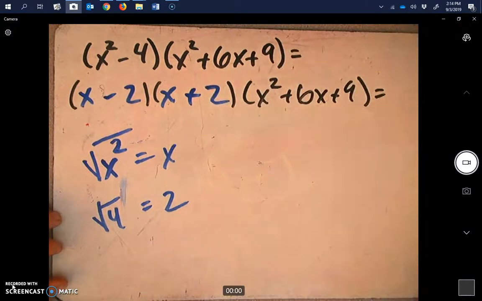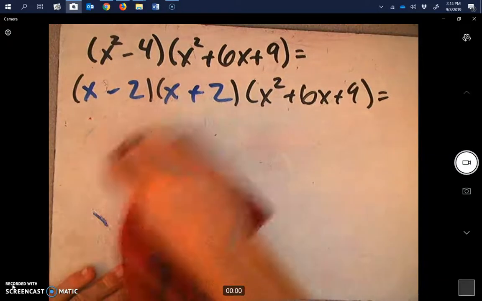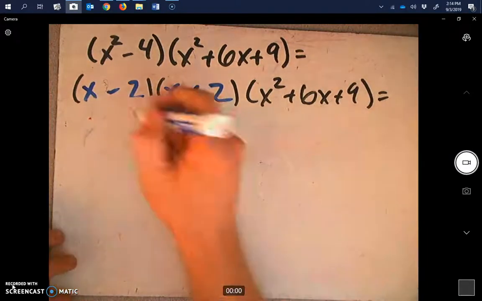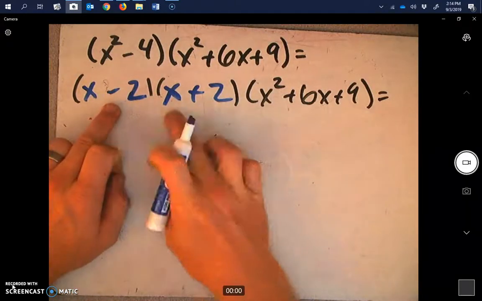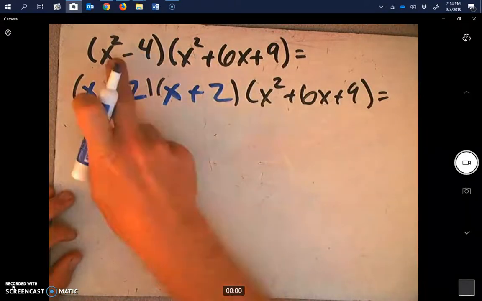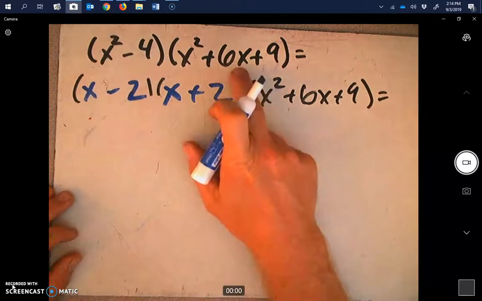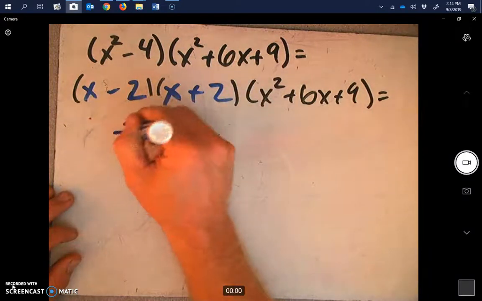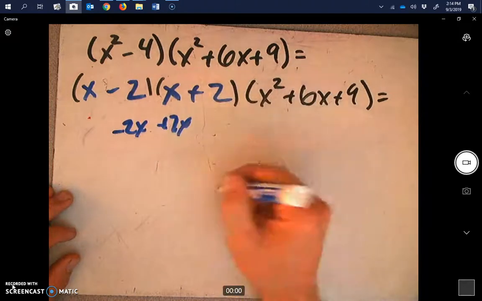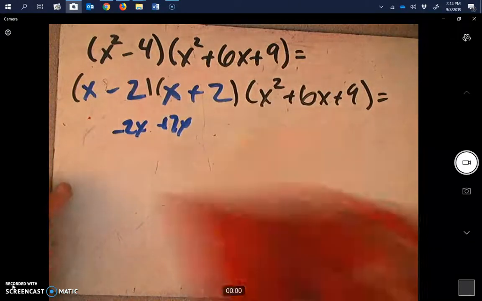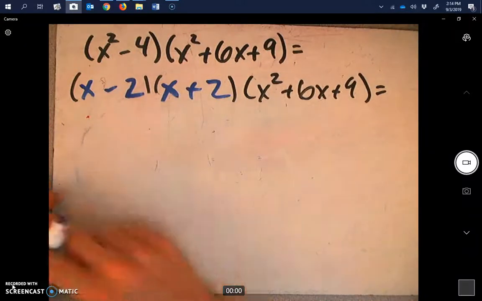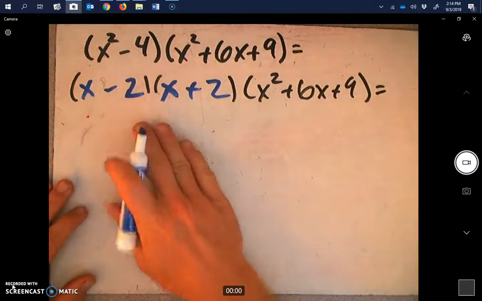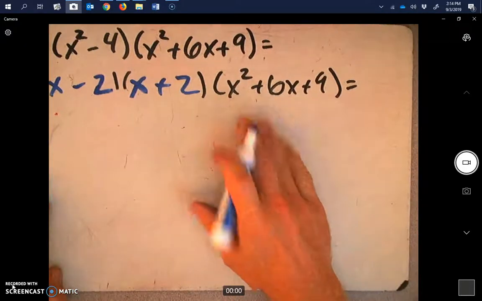The way that works is when you multiply, the negative 2x and the positive 2x cancel out. So that's why there's no middle term like there is over here. So those cancel out. So that's factored. Like I said, I'll put a video detailing this with more examples if you don't know how to do that well. And then over here, we're going to factor this now.